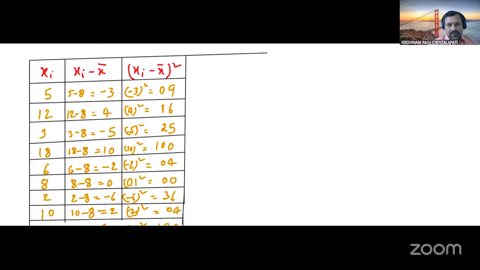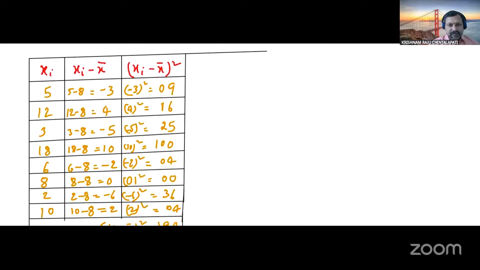Clear? So variance sigma square equal to, what is the formula? 1 by n summation i equal to 1 to n, xi minus x bar whole square. So the total is 194. 1 by n value is 8.